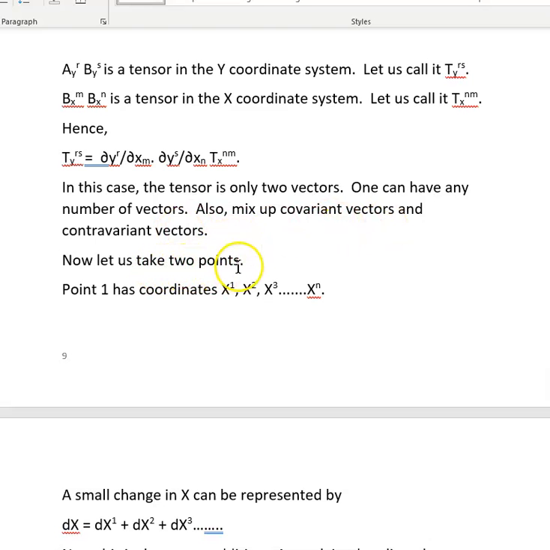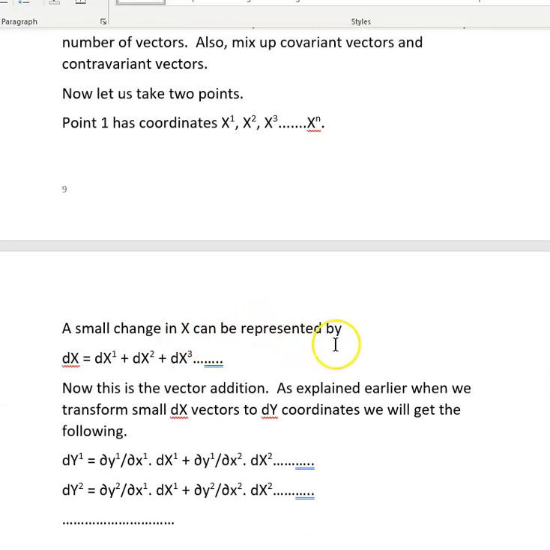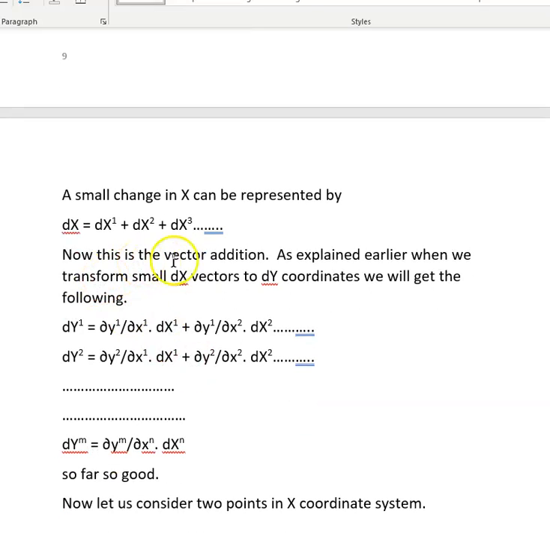So now let us take 2 points. Point 1 has coordinates x1, x2, x3, and xn. And a small change in x can be represented by dx equals dx1 plus dx2 plus dx3. Now this is a vector addition. As explained earlier, when we transform small dx vectors to dy coordinates, we will get the following. So dy1 is the partial y over partial x, change of y due to change of x, and dx1.